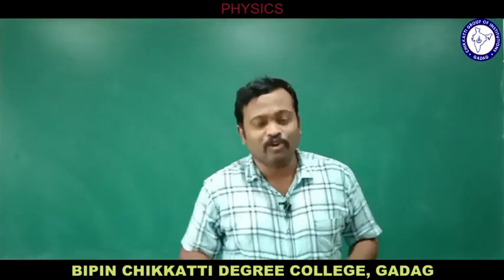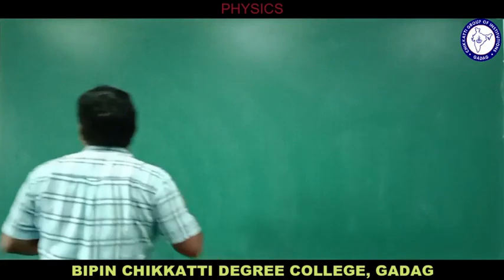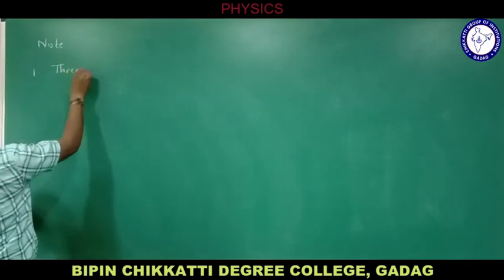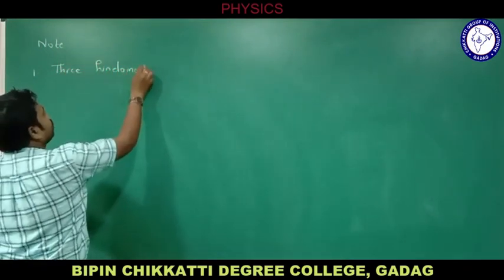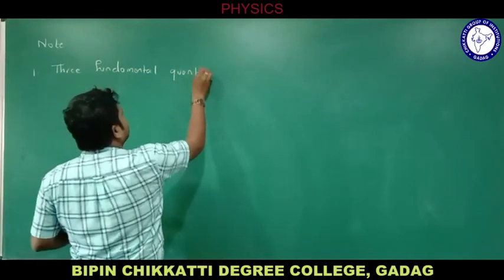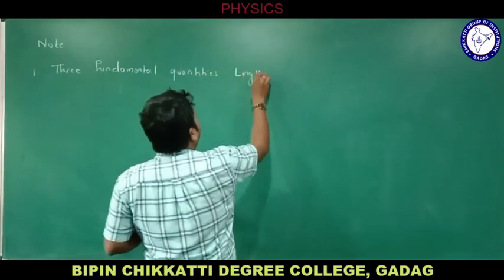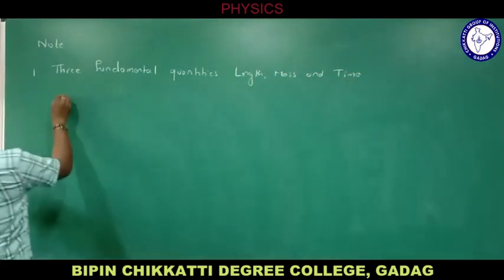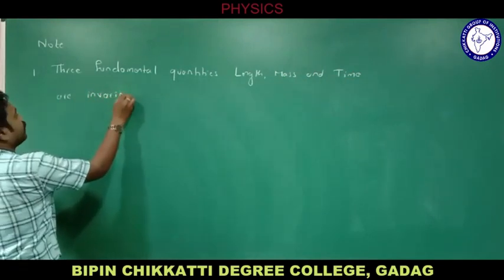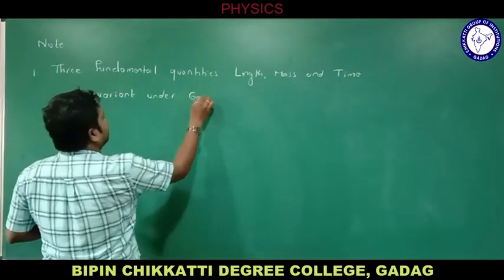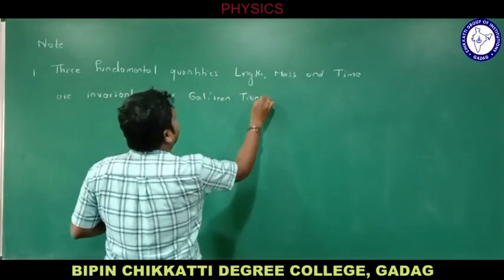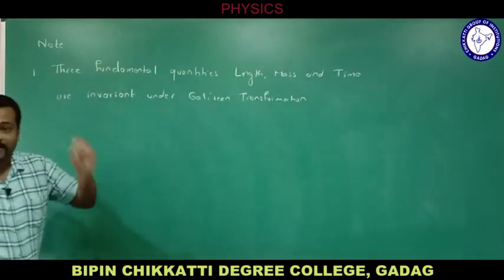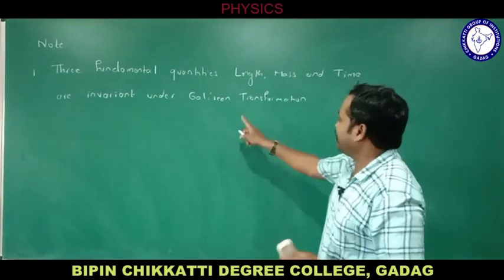Now let us see some note points about Galilean transformation. First one: three fundamental quantities, length, mass and time, are invariant under Galilean transformation.